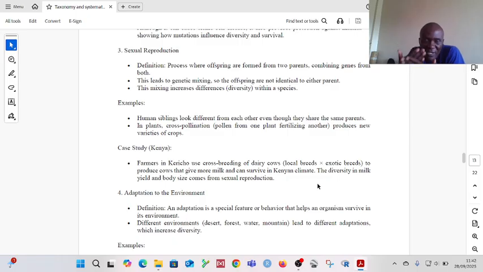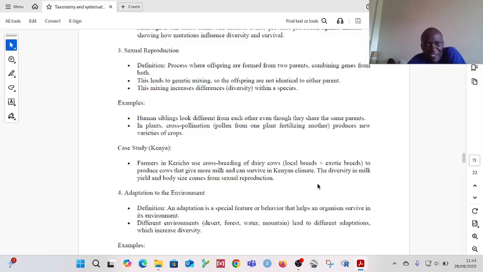So that the offspring, you are a mix of the genes you got from your dad and the genes you got from your mother. And that mixing is what increases the differences, or what we are calling diversity within a species.